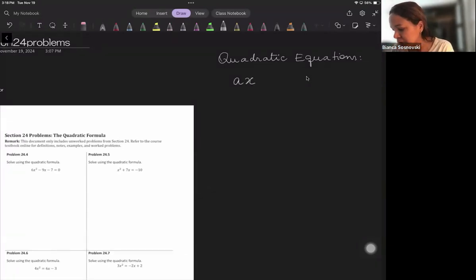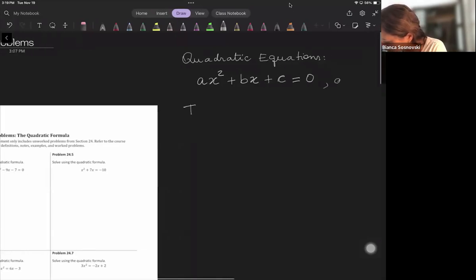There is a number times the variable squared plus a number times the variable to the first power plus a number, the independent term, no variable in it, and that equals 0. So this is the standard form of the quadratic equation. Oh, and I forgot to mention one thing, of course, the coefficient A will never be 0 because if it's 0, then it just becomes a linear equation. So it's a different type of equation.